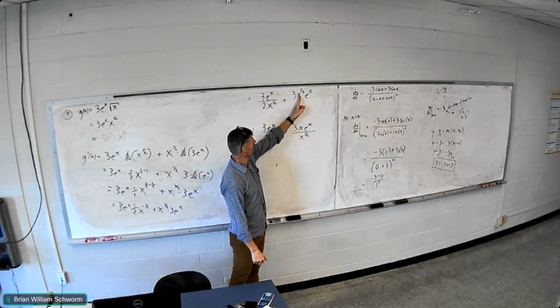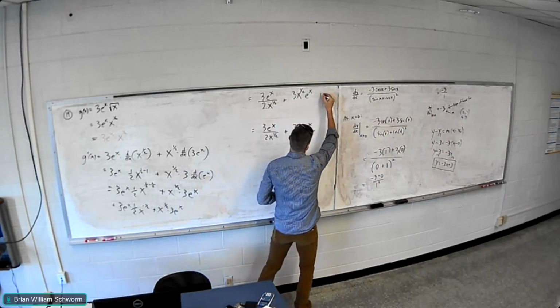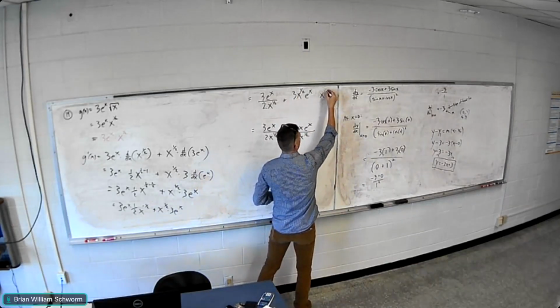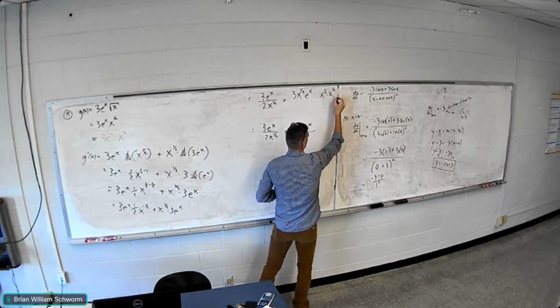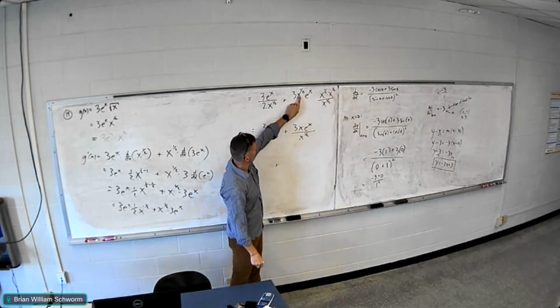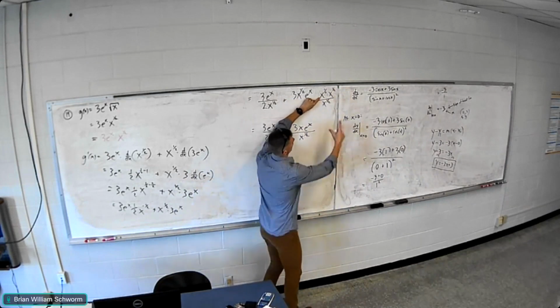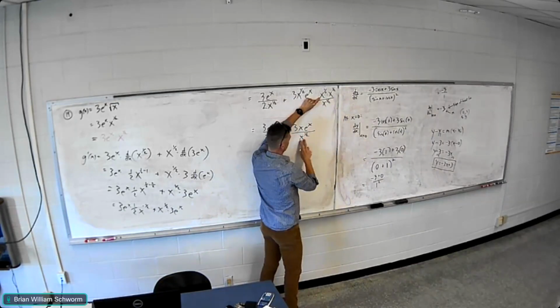That x, I did do a lot there. Let me explain this some more. I can think of this as x to the 1/2 times another x to the 1/2 over an x to the 1/2. I put one on top and bottom, because I'm trying to get that one in the bottom.